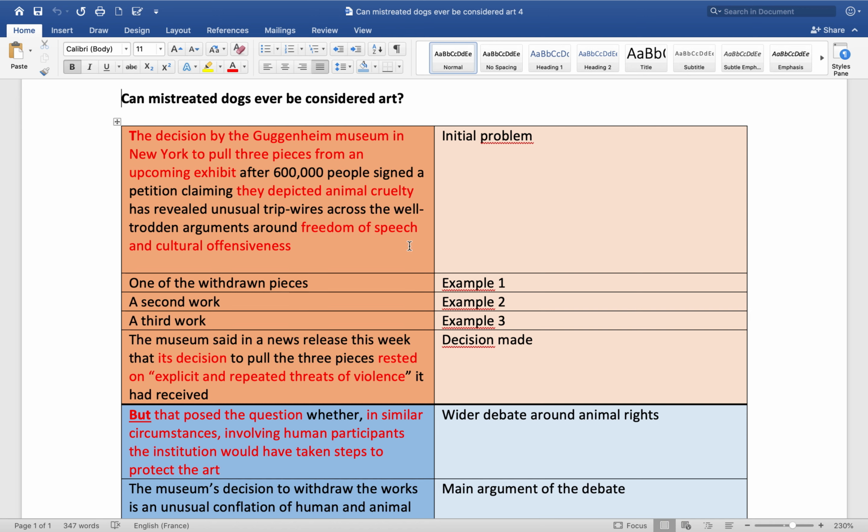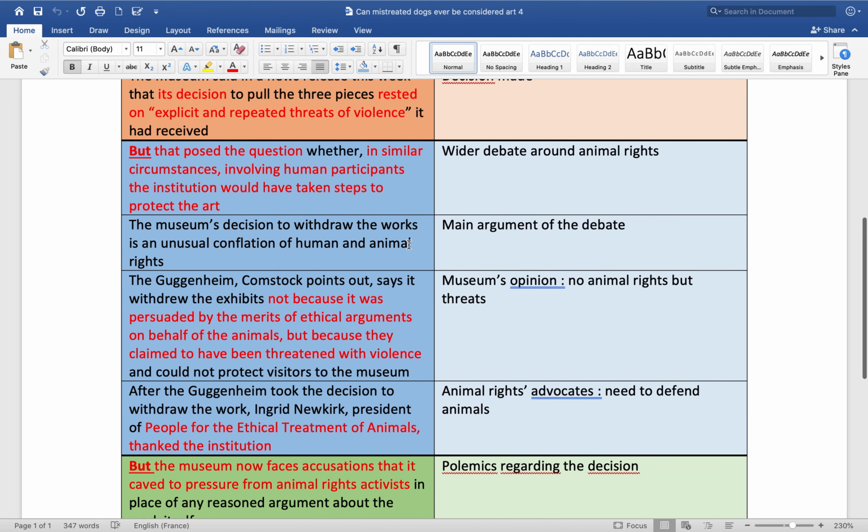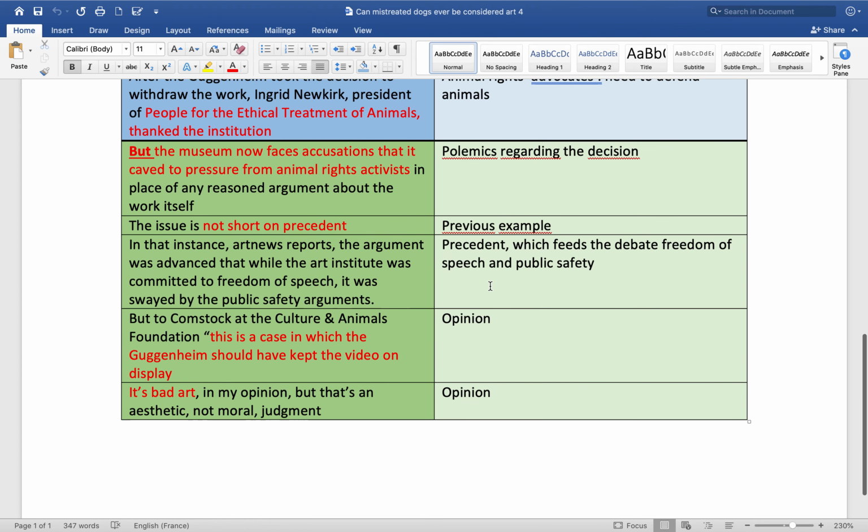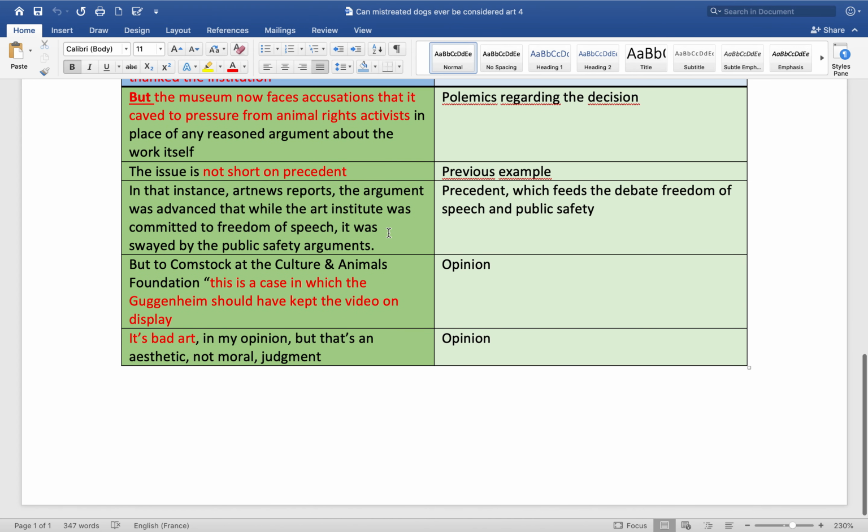So I combined all of them together. Second part in blue is this debate around animal rights. So for the museum, it was not about animal rights. For animal advocates, it was about animal rights. All right. And the last part is the previous examples, the polemics it creates, and once again, how this is part of a wider debate.